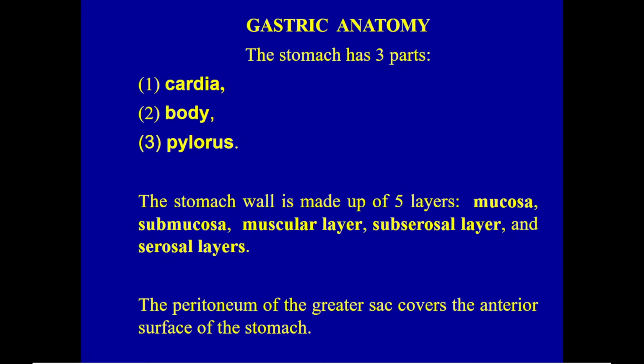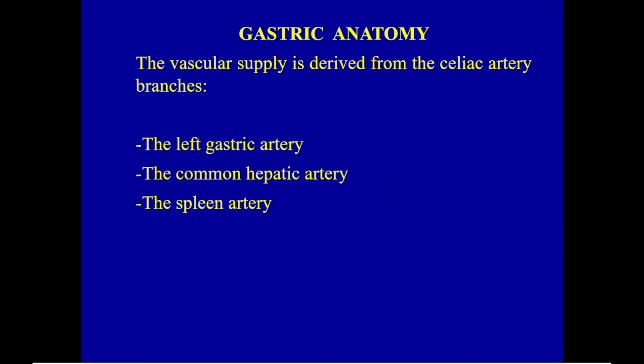Anatomy of the stomach. The stomach has 3 parts: cardia, body, and pylorus. The stomach wall is made up of 5 layers: mucosa, submucosa, muscular layer, subserosal layer, and serosal layer. The peritoneum of the greater sac covers the anterior surface of the stomach.